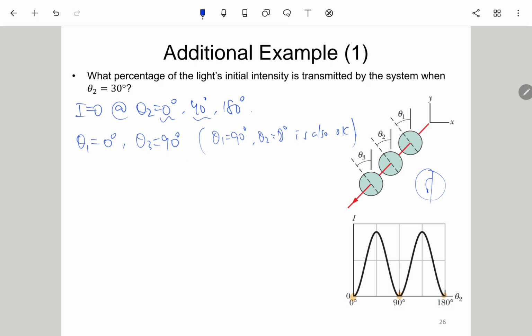Okay, the remaining task is to find I. This is I0, I1, I2, I3.